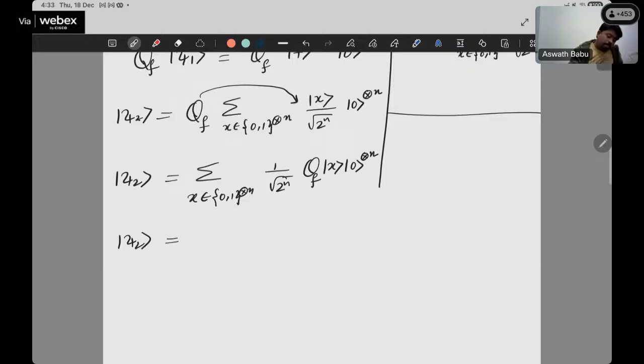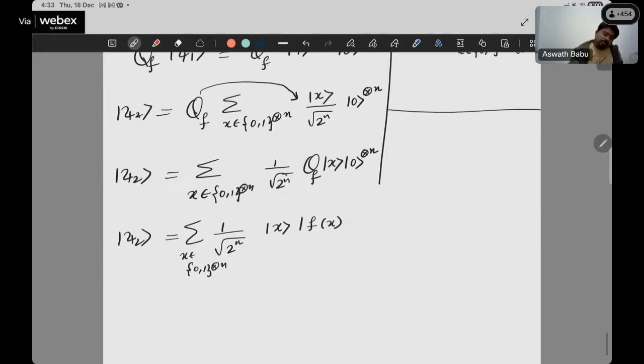Psi 2 would be 1 by 2 to the power of n, summation over x belongs to 0 comma 1 tensor n, x ket f of x ket, so simply getting replaced. Now you see, I got psi 2.